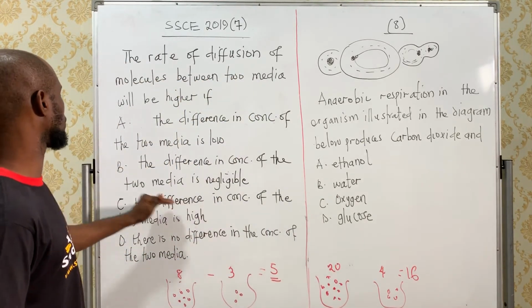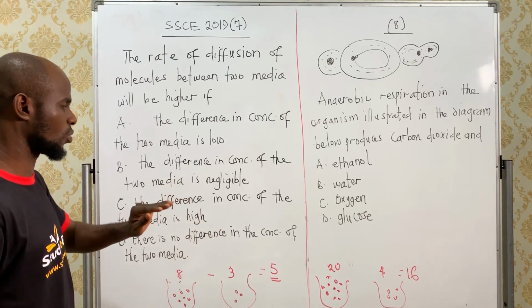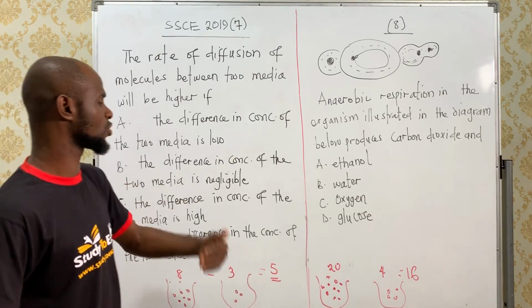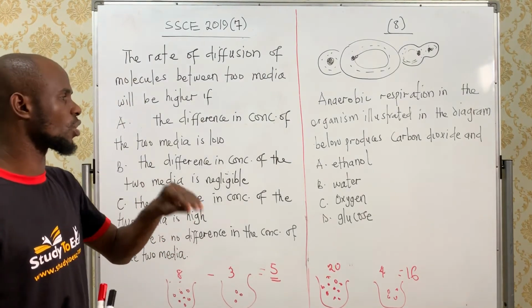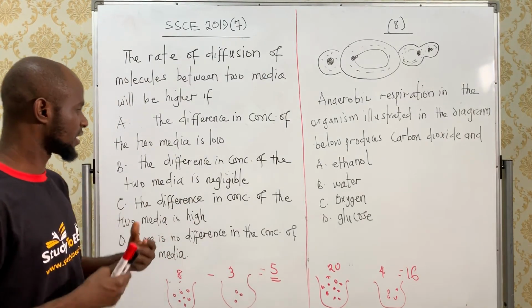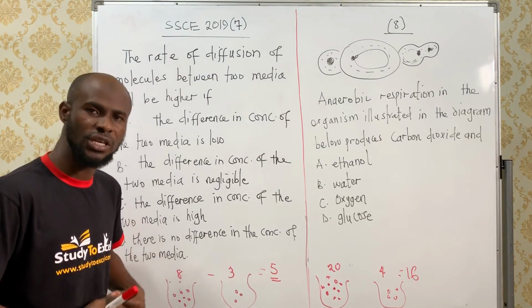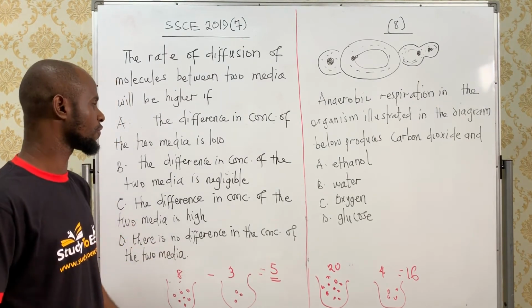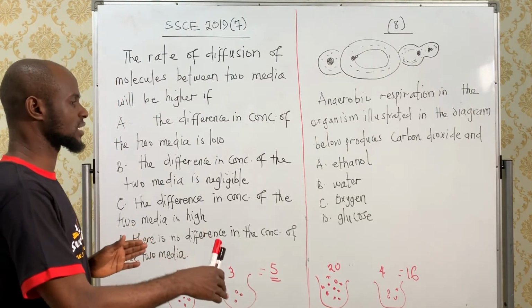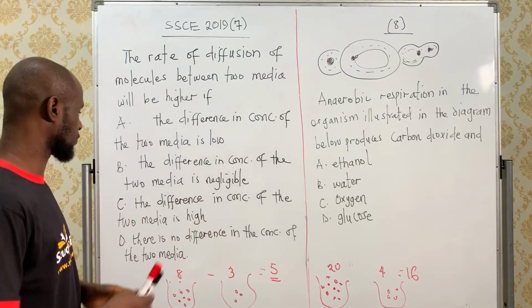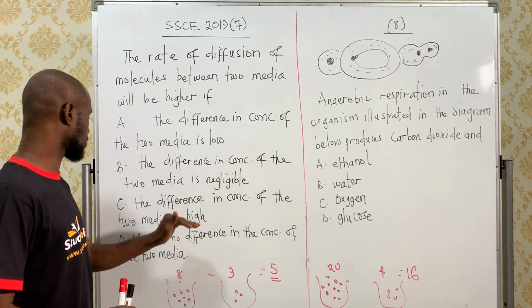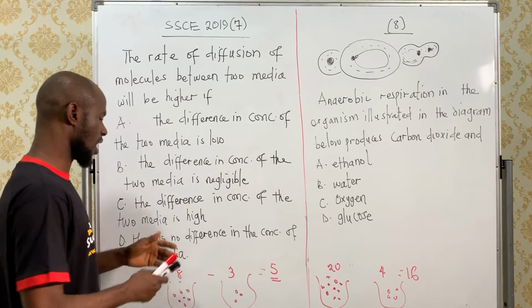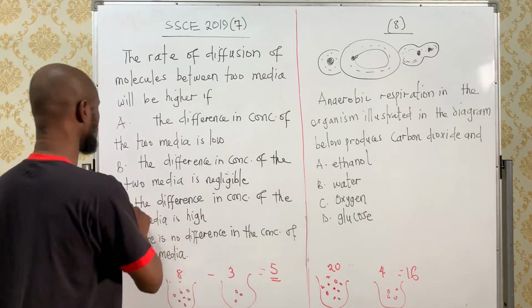If the difference in concentration of the two media is negligible, then the molecules are not going to move, because the end result of diffusion is even distribution of the substances. The substances have been evenly distributed, so we don't need to move them anymore. C, the difference in concentration of the two media is high. So the answer is C.